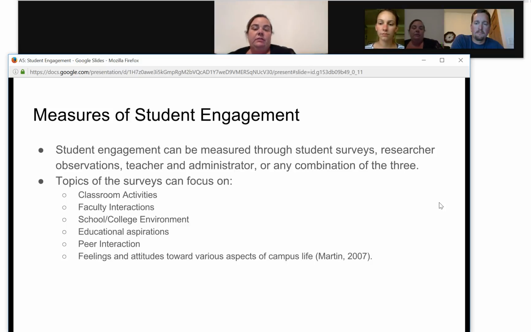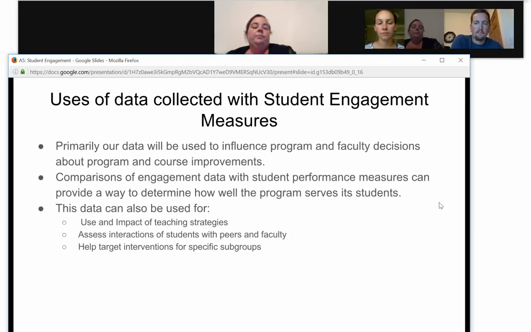Survey topics typically focus on things like classroom activities, student-faculty interactions, the overall school or college environment, students' aspirations, both educational or otherwise, their interaction with their peers, and general feelings and attitudes towards different parts of campus life, classroom environment, or the college classes that they attend.